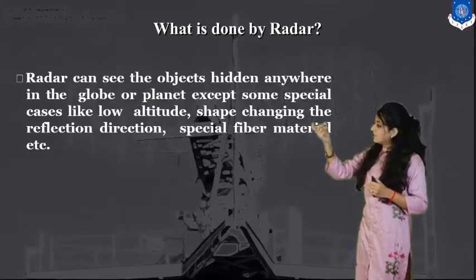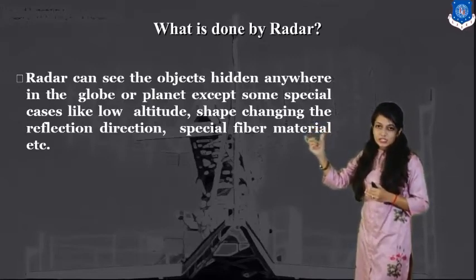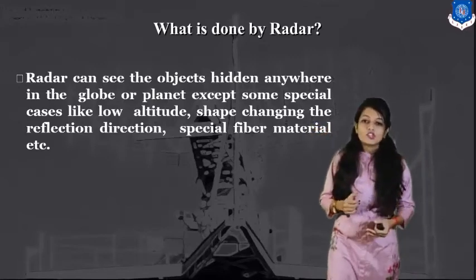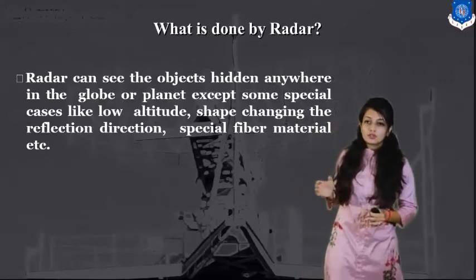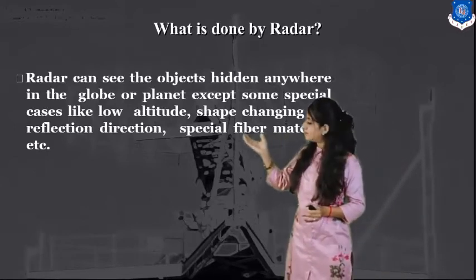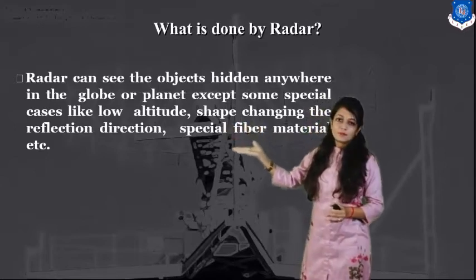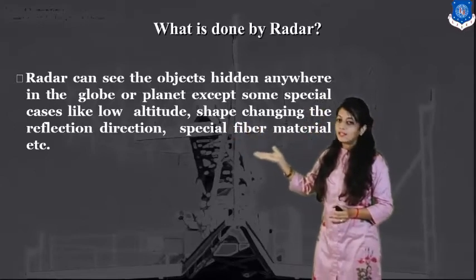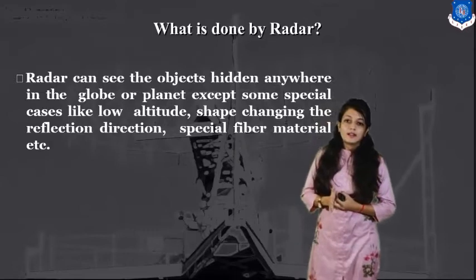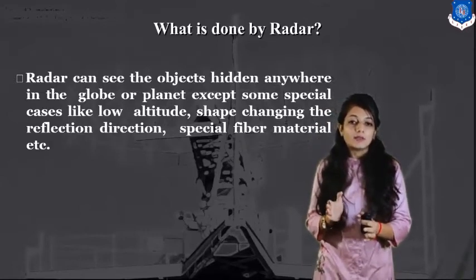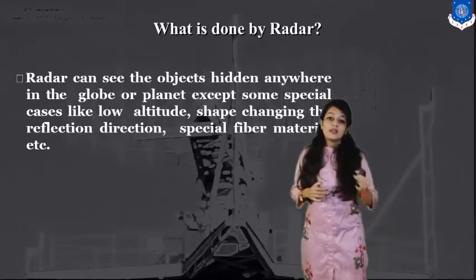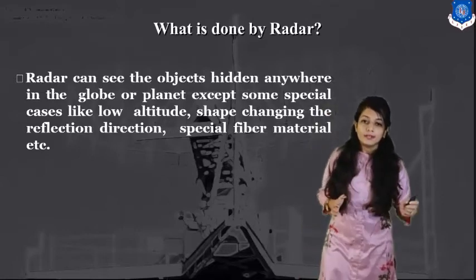The shape changing the reflection direction, and which kind of fiber material we are going to use. So these three are the spatial parameters by which radar can see the objects or targets hidden anywhere in the globe.